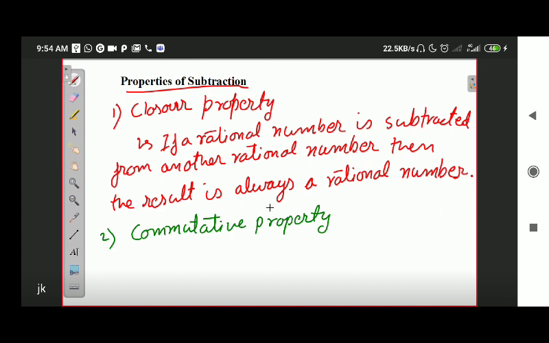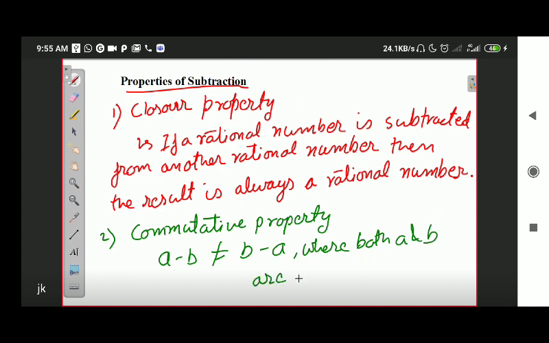In commutative property, for addition we had a plus b is equal to b plus a, but for subtraction this is not applicable. a minus b is not equal to b minus a, where both a and b are rational numbers. We are going to discuss examples of this in the exercise.